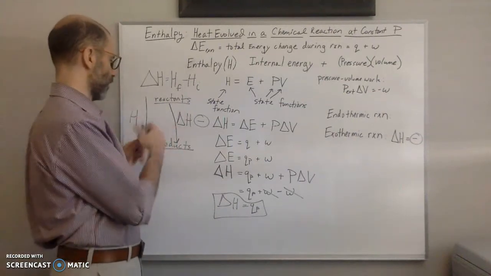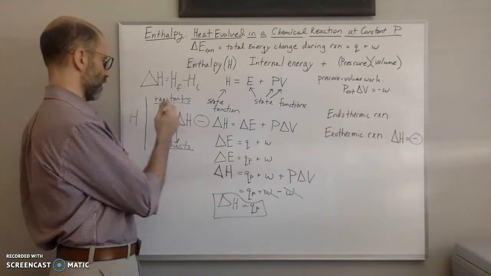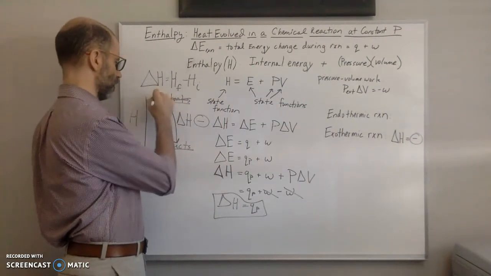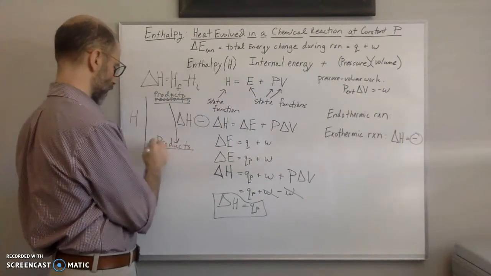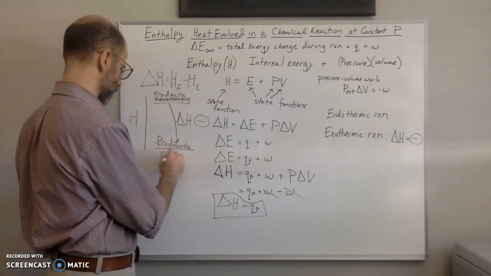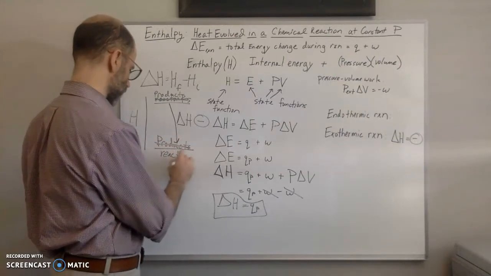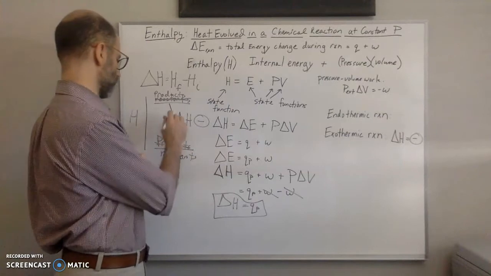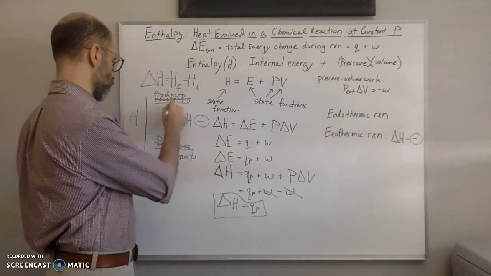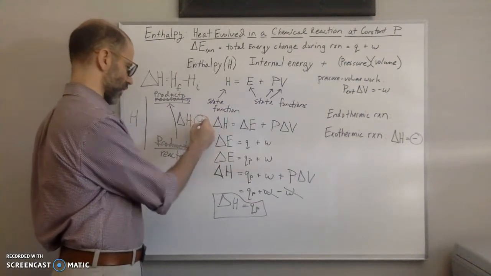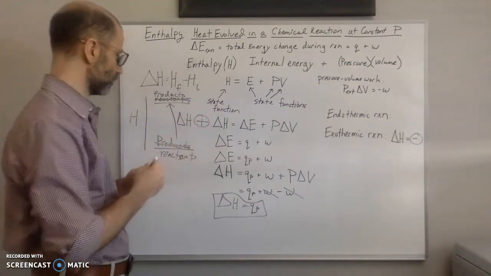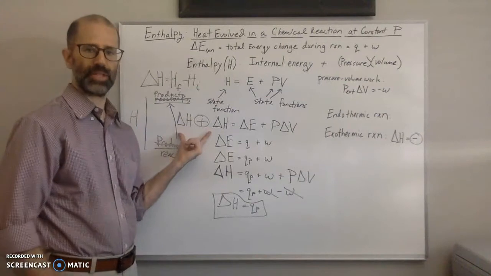If it goes the other way, if instead of reactants we have products on top, right, and we have reactants on the bottom, then we'll be going from low energy to high, and in that case the delta H is going to be positive. And so that's an increase in energy.